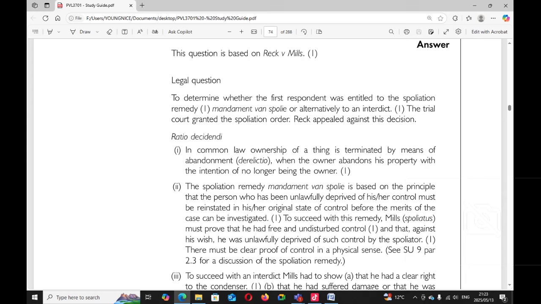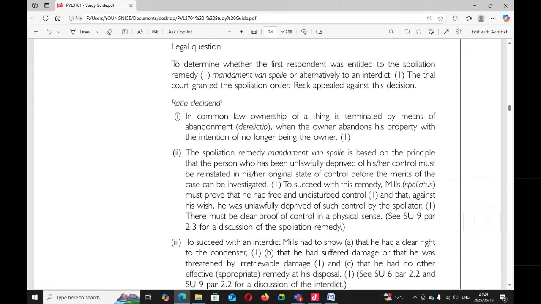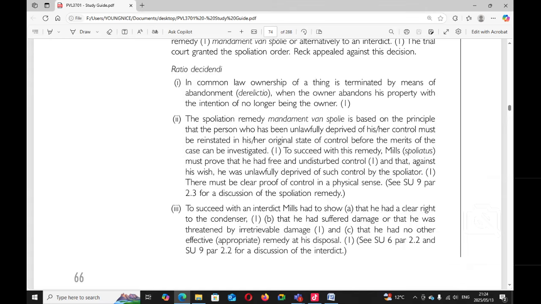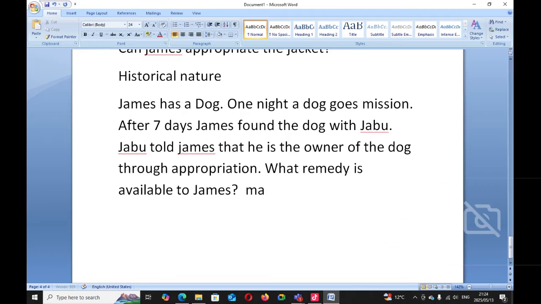Remember, when we talk about the revindication, when you lost something, you have been deprived of such a freedom, the remedy that is mostly available will be the mandament van spolie, or you can choose the interdict. It means that there are two remedies that you can use: the mandament or interdict.